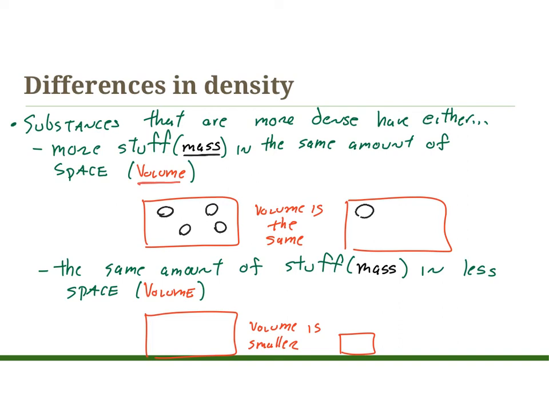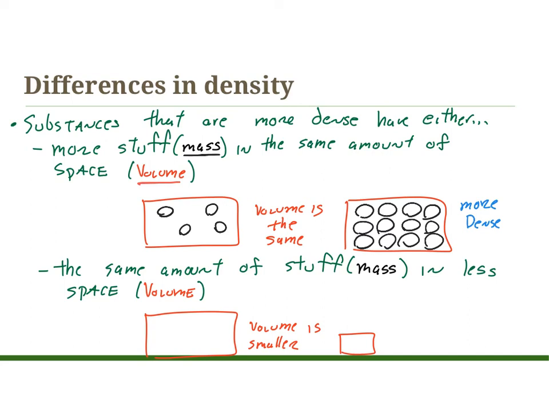In the other box, I pack in particles of that substance like this, and when I look at the number of particles per volume, this one is going to be more dense. More mass in the same amount of space.